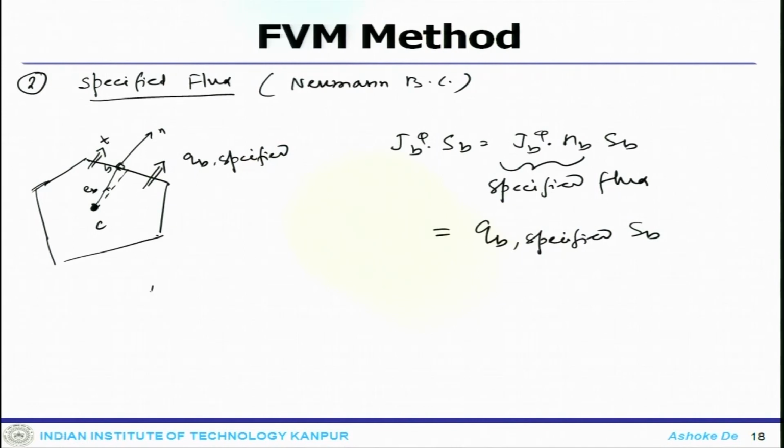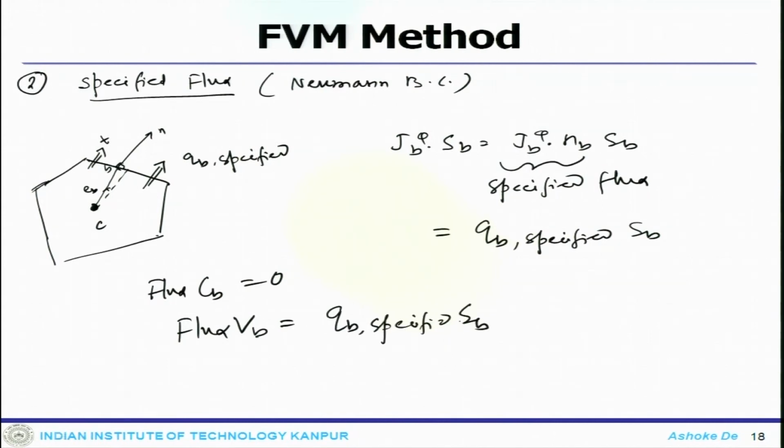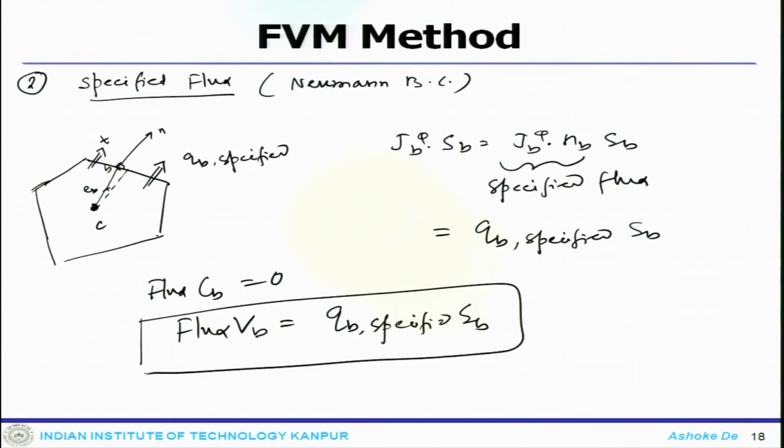So, my flux CB is 0 and flux VB equals QB specified SB. So, these are the two types of conditions that you can specify at the face. Now we will continue from here in the next lecture. Thank you.